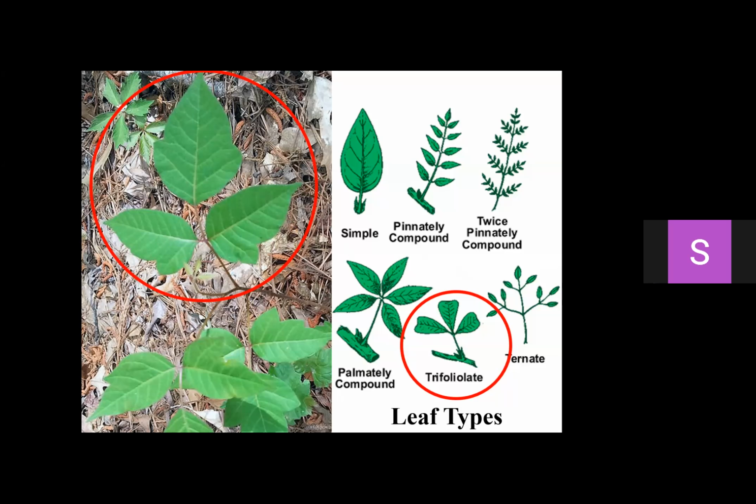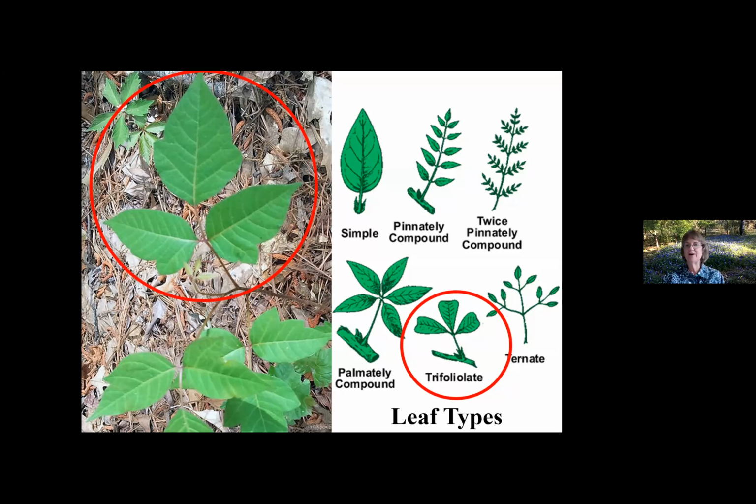It's just trifoliate. That's how we call them, because that way it says there are going to be 3 leaves. There's going to be the central leaf, the apex leaf, and then the 2 other leaflets. So you just have these 3 leaflets. There's also a variety that has 5 leaflets. Not for poison ivy.